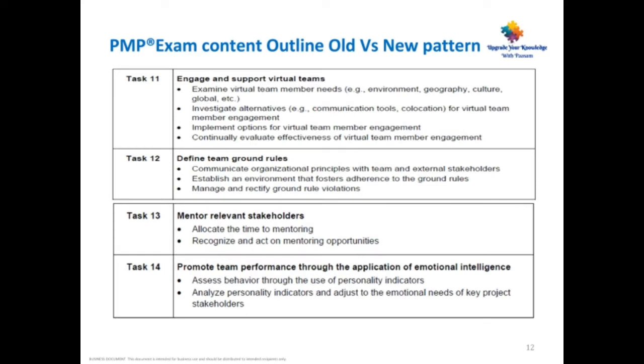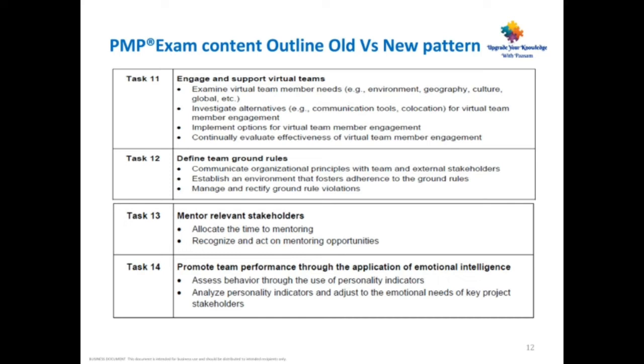Coming to task number 11 of domain 1, people, that is engage and support virtual teams: examine virtual team member needs, environment, geography, culture, global, etc. Investigate alternatives, communication tools, collaboration for virtual team member engagement, implement options for virtual team member engagement, continually evaluate effectiveness of virtual team member engagement.